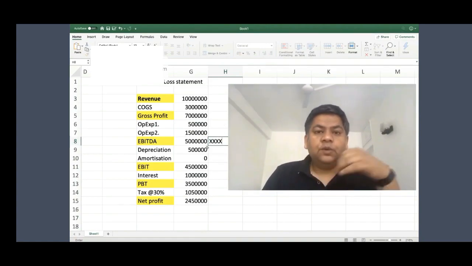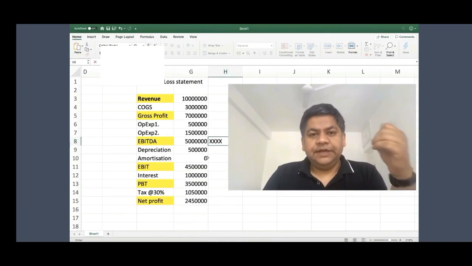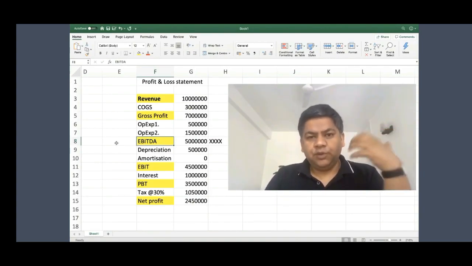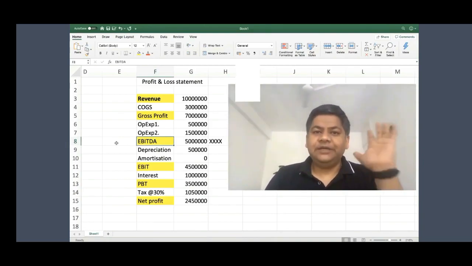Now that can change in future, right? And that's why if you really want to see how well a company is converting its overall sales into profit, you can do that at the EBITDA level as well.